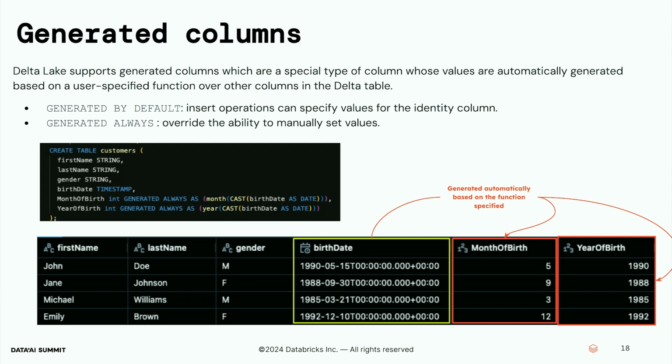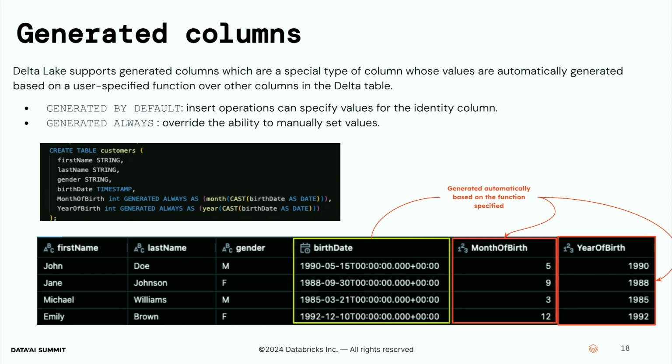So technically what I'm doing is casting the birth date by month, and casting the birth date by year to get those new columns, which means when I insert just the first four columns, automatically the last two columns are gonna be computed by Delta. And this is super, super awesome.